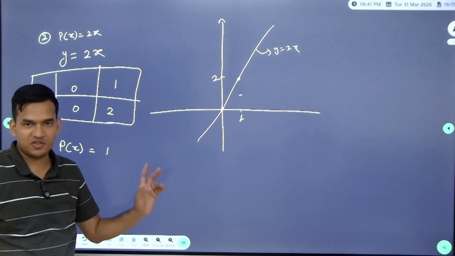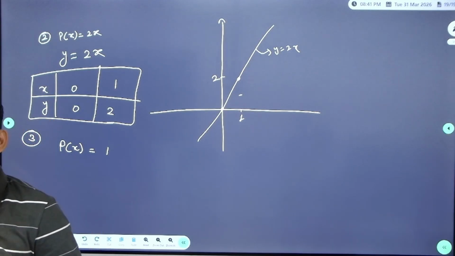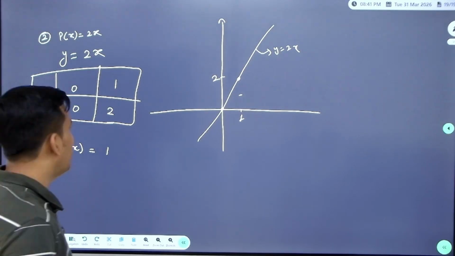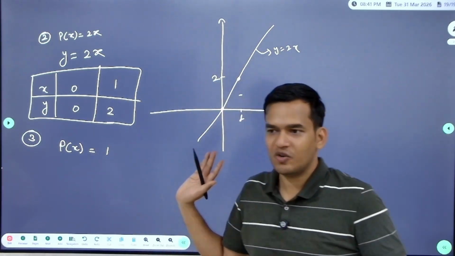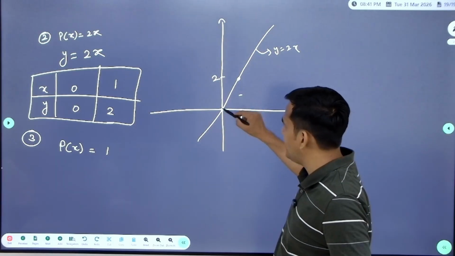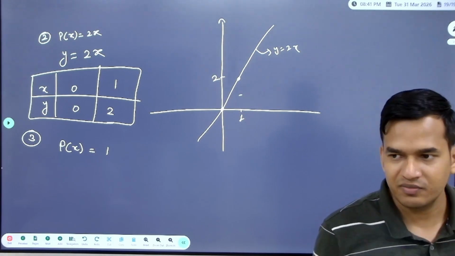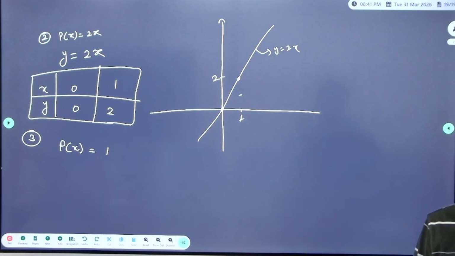Can you tell me zeros from this graph? 1 zero, and the value of zero is also 0 in this case, because this graph is intersecting the x-axis at 0, 0 only. So x equal to 0 is the zero of this polynomial. Correct?